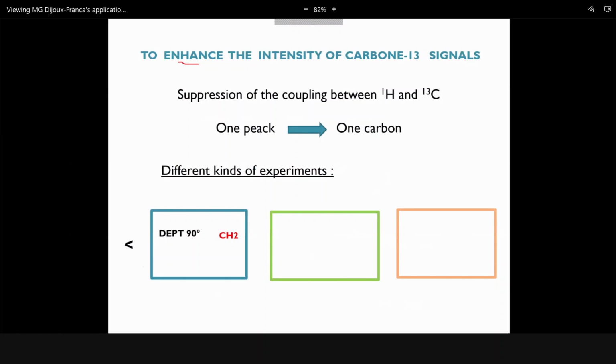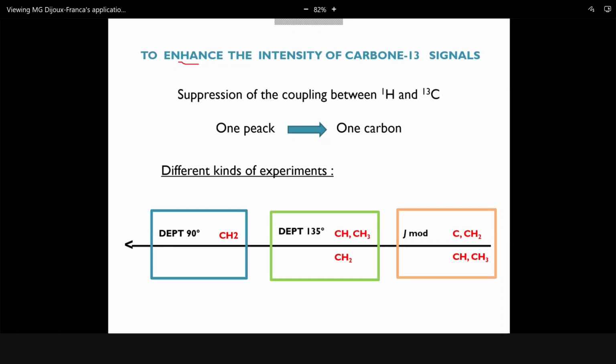For example, the DEPT 90 degree. And then if we have the scale here, this is, let's say, the median line.